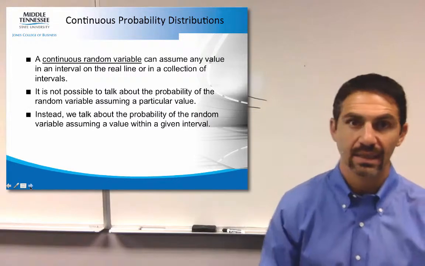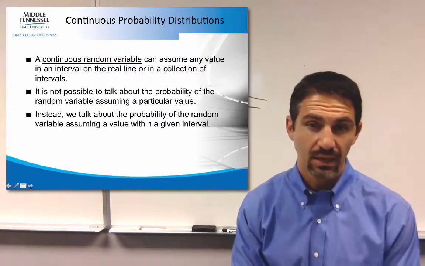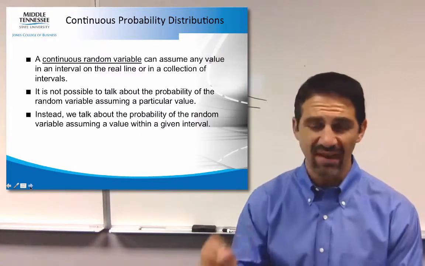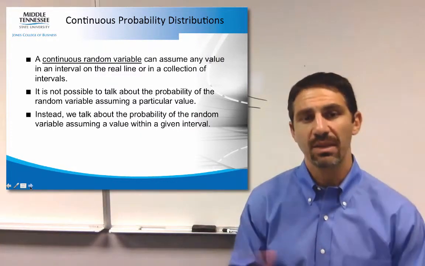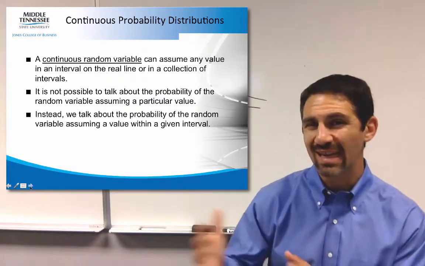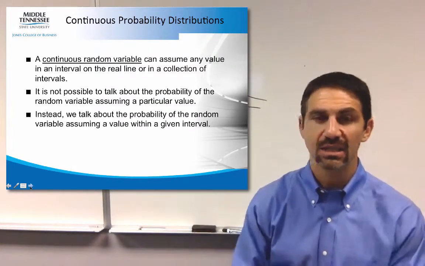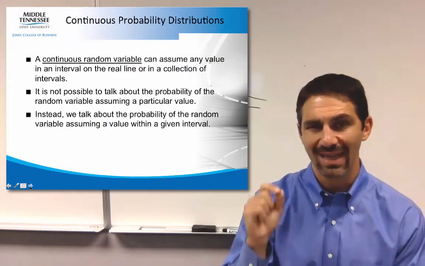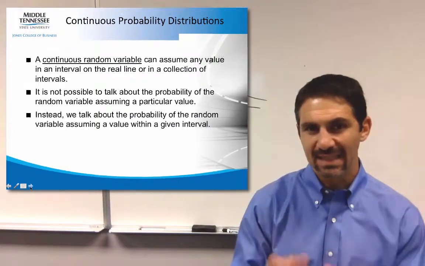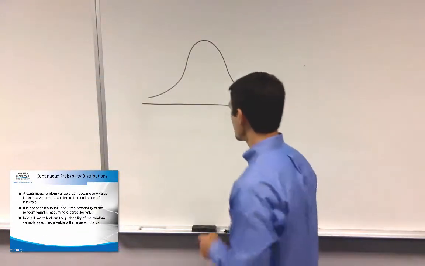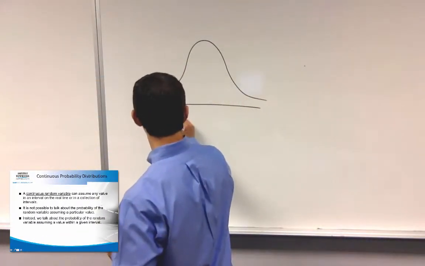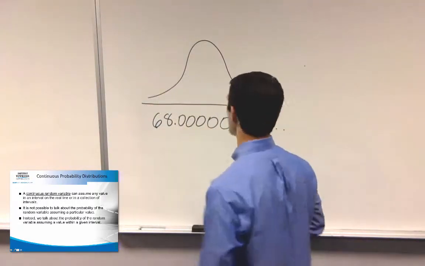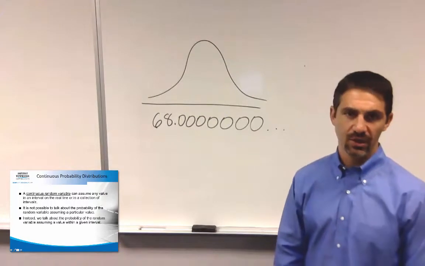So if we're looking at, let's say, the height of individuals, the probability of being exactly 5'8" is almost 0. But the probability of being between 5'8" and 5'9", there's probably a higher probability of that. And by the way, when I say the probability of being 5'8" is 0, that's 68 inches. That's not very likely to occur.